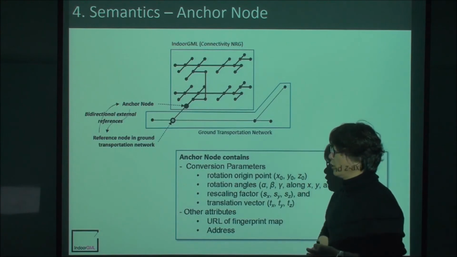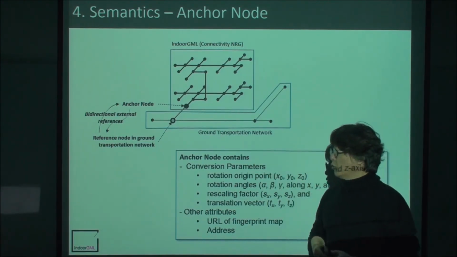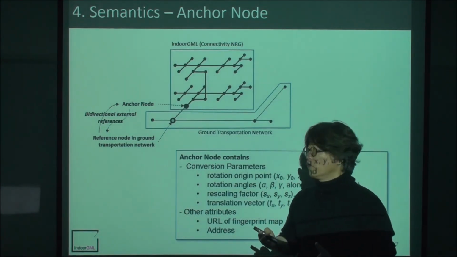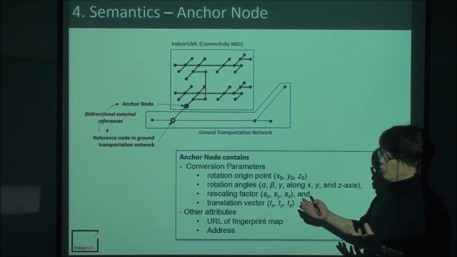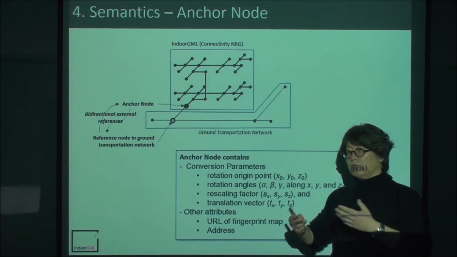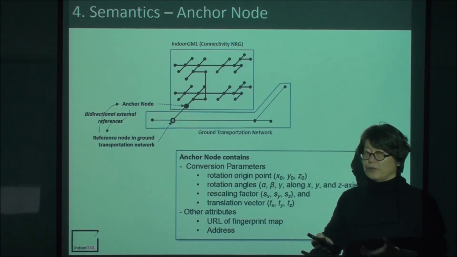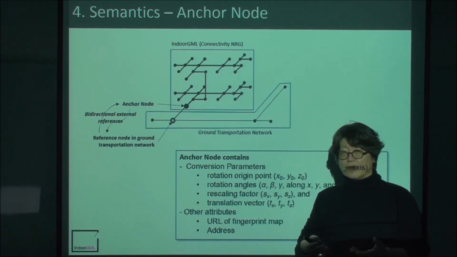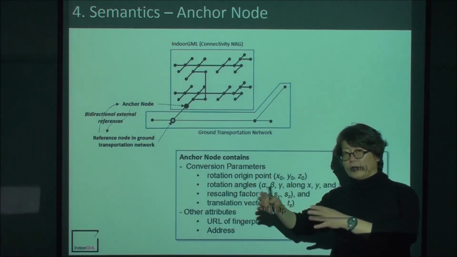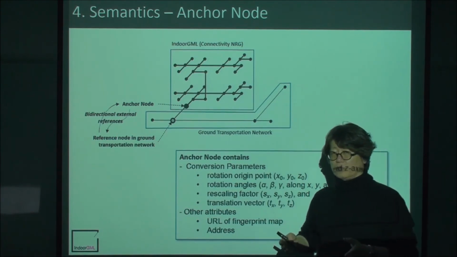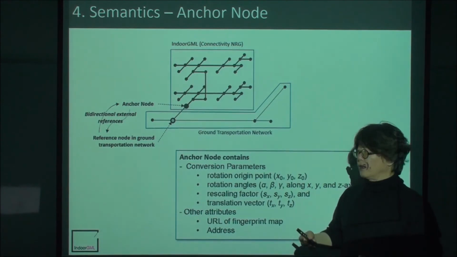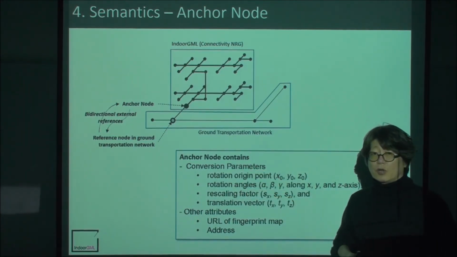And another role is, for the anchor node, we can define some additional attributes. For example, if you want to define a transformation of indoor space, which is defined as a relative coordinate reference system, to outdoor space, where outdoor space is defined as an absolute reference system, then we can define the transformation parameters as an attribute of anchor node.